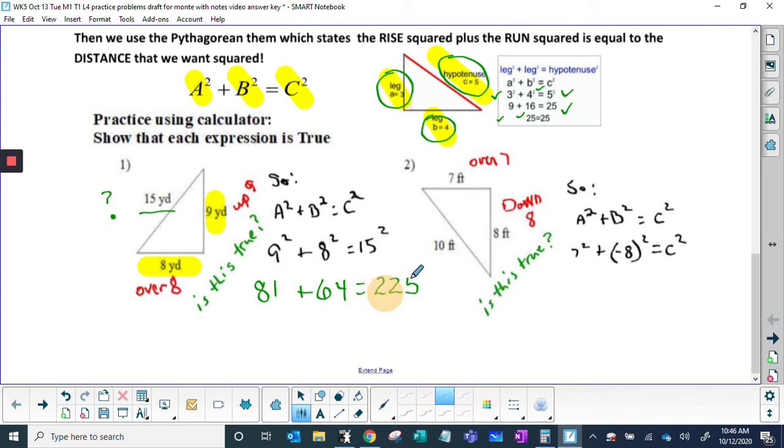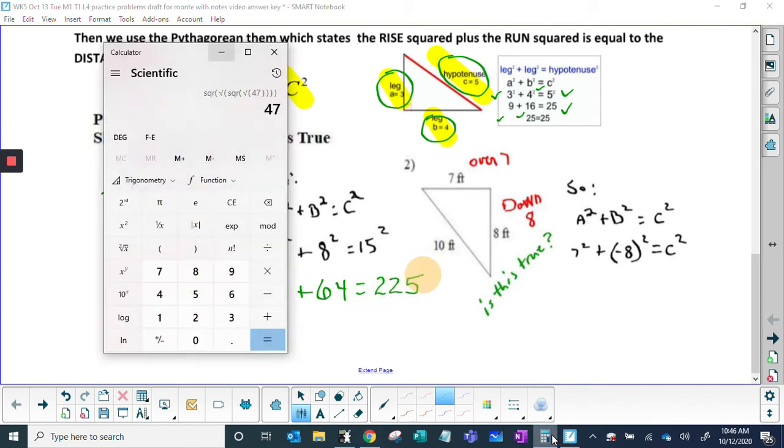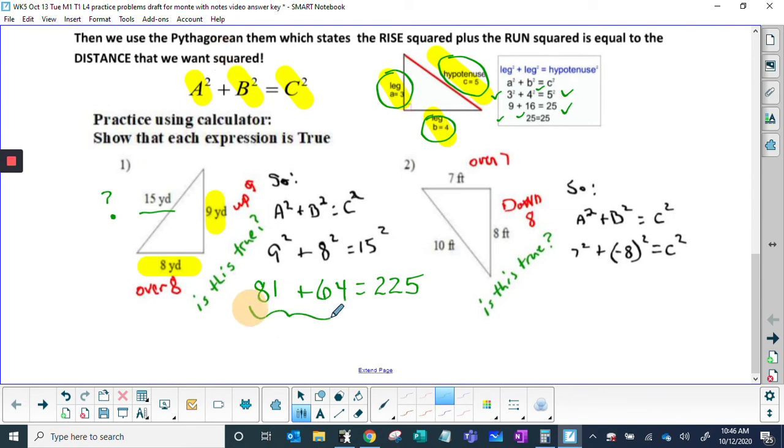Absolutely. Go take your calculator. 15 squared, 225. Okay, let's add them together. And 225 is equal to 225. The key here is we used the slope, the rise over run. Okay, let's do one more.